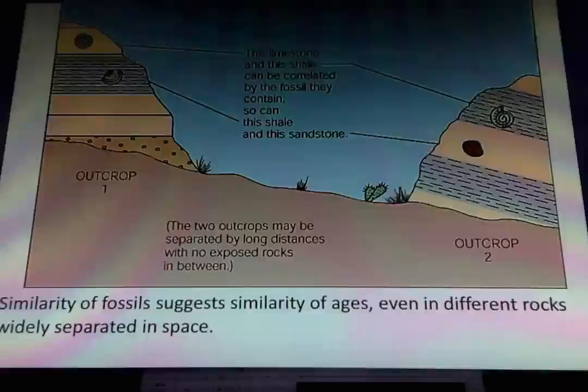So this type of analysis, looking at fossils and their layers of distribution and the history that they've been recording, shows us that areas must have been connected at one point in time in the past. So this is known as correlation. Similarity of fossils suggests similar ages, even in different rocks that are very much widely separated in space.